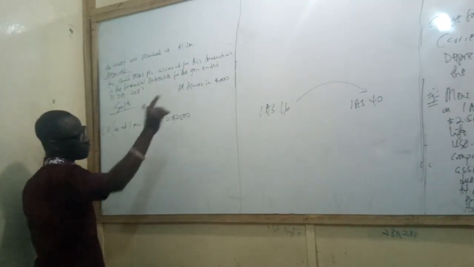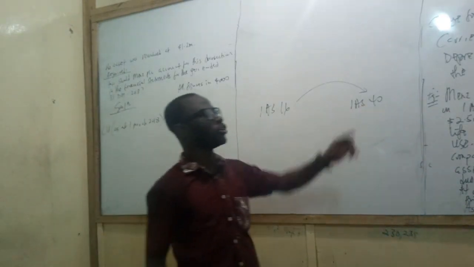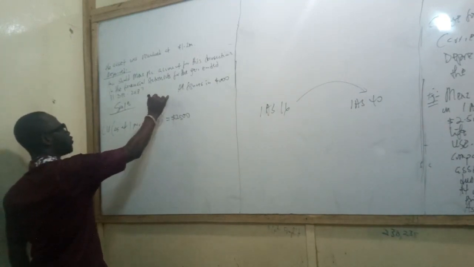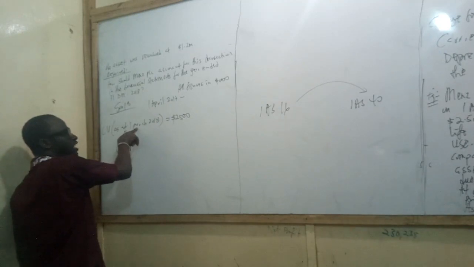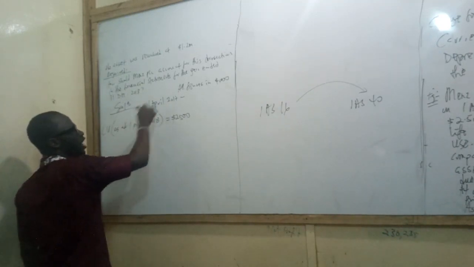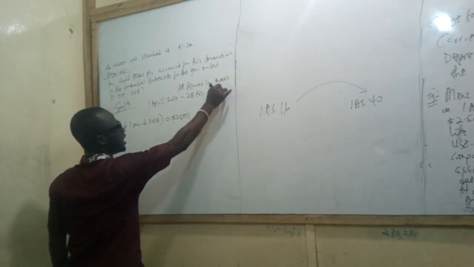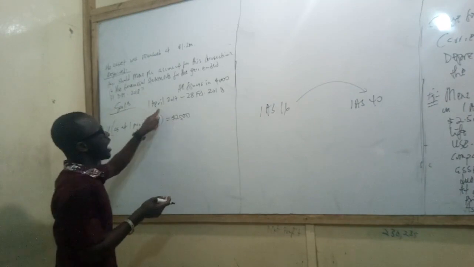Am I right with 2,500? 2.5 million, right? Now, when was the asset bought? 1st April. So from 1st April 2017 to now, this is 1st March, until ending when? 28th February 2018. Is that true? So how many months do we have there?